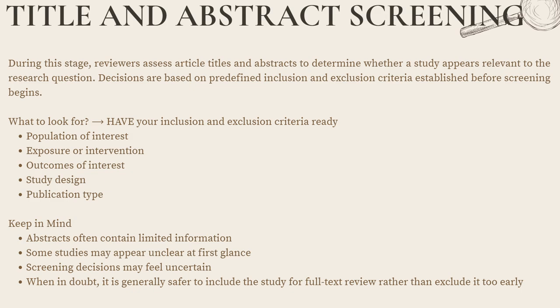That's why the conflict resolution stage and the full text screening stage are there for you. At times screening decisions may feel a little bit uncertain, and that's completely fine. When you are in doubt, it is generally safer to include the paper at this specific stage of title and abstract screening, and it's better to move it to a full text review rather than excluding it too early on, so that you wouldn't have access to it at all. Okay.